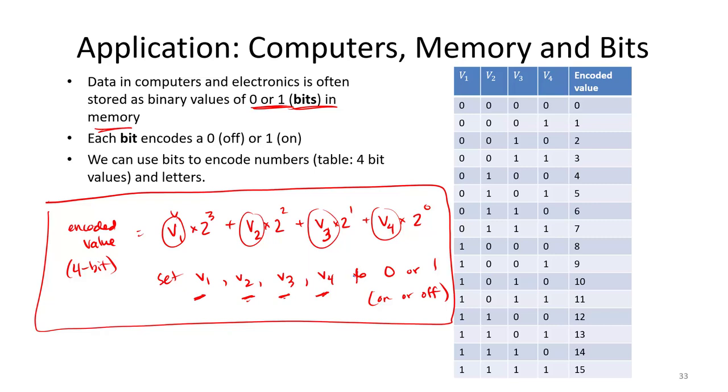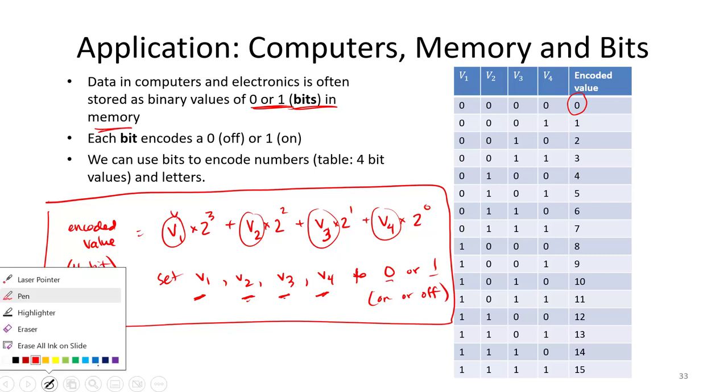So I can set each voltage to a 0 or a 1, and depending on the voltages of those 4 bits, I can encode 16 different numbers. For example, if V1, V2, V3, and V4 are all 0, then my resulting number would be 0, because I'd have 0 volts times all these quantities. That would give me 0.